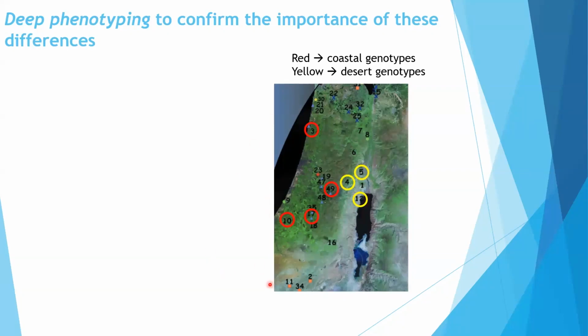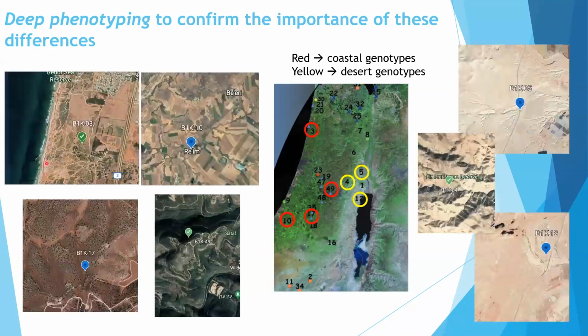If we zoom in on exactly where those varieties come from, you can see the coastal areas clearly have higher water availability compared to the desert varieties, which look exactly like a desert, but somehow plants are still able to grow there well.